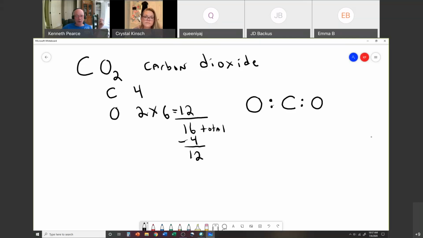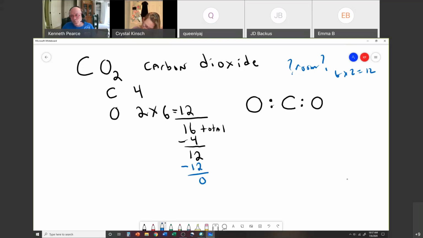If I've added them up right, have I added them up right? Okay, I'm good so far, right? Adding and subtracting is a skill here. So now, how much room do I have left? Well, there's room for 6 on each one, and 6 times 2 equals 12 electrons. That's how much we have room for, right? And that's fortunate because I have 12 electrons over here.